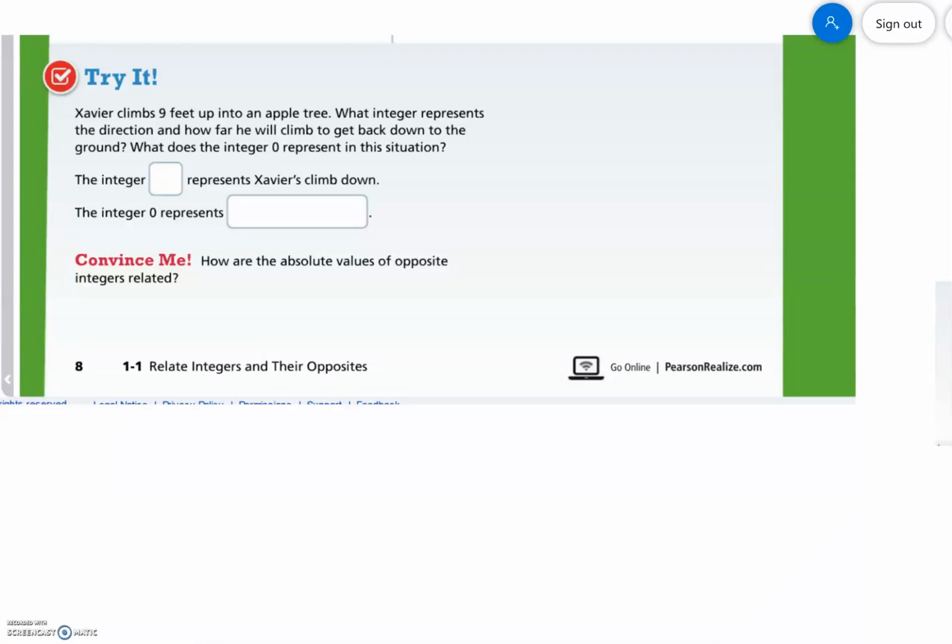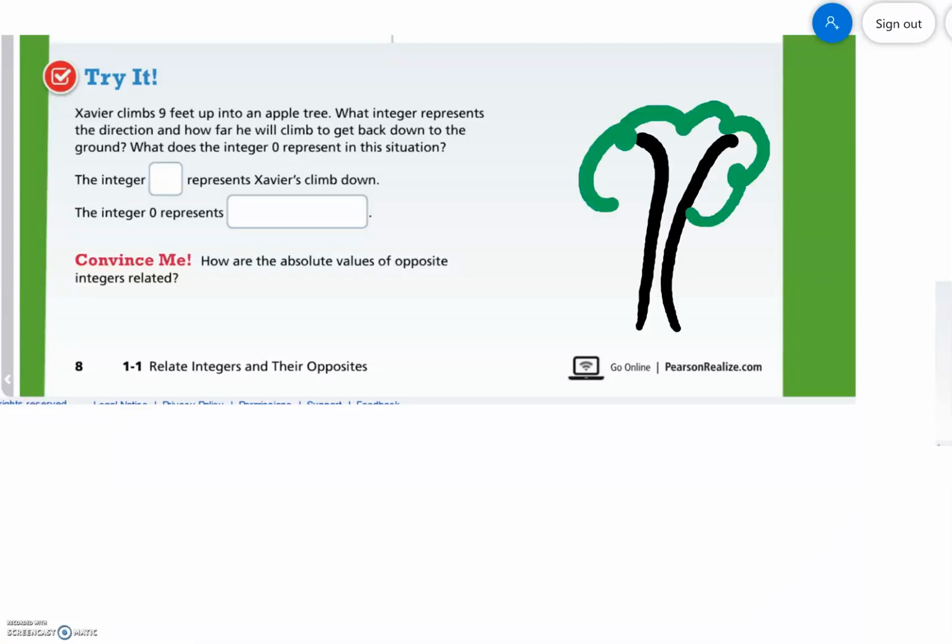Okay, so to go over this, I like to draw a picture. So I've got my tree. Beautiful tree, okay? Xavier climbs up 9 feet. So he's going to go up 9 into the apple tree.